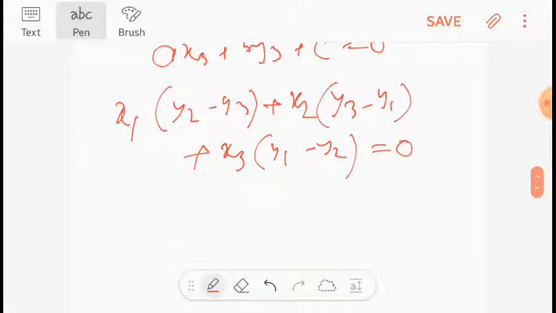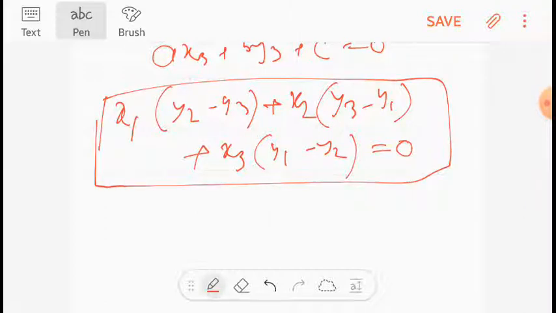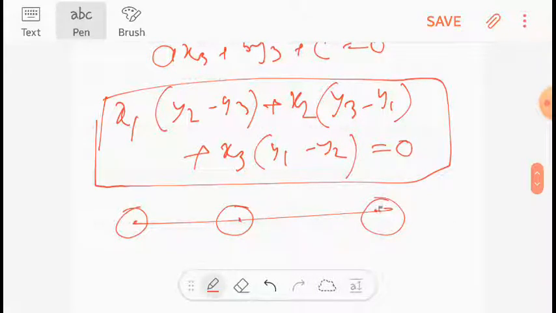So this is the condition for the 3 points x1 y1, x2 y2, x3 y3 to be in one straight line. Whenever they talk about the collinearity of 3 points, you can use this formula and make sure that the value of this expression is 0. If you show that, then the 3 points are collinear.